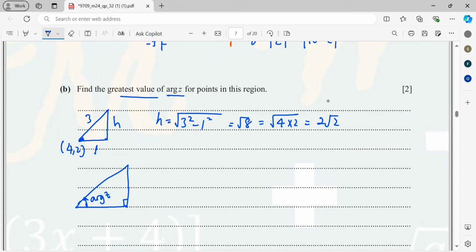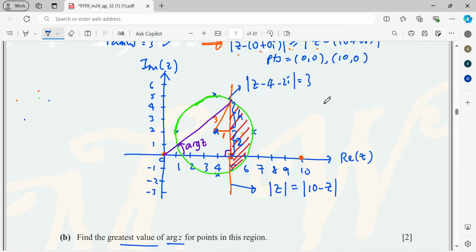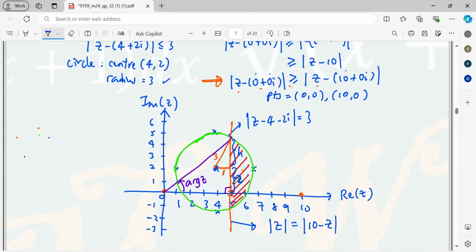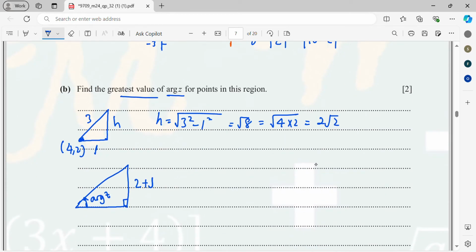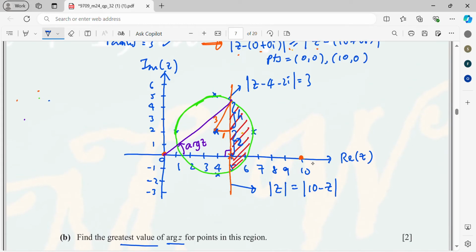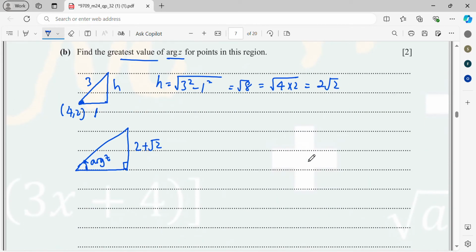Here is 90 degrees. Then the height is h plus 2, because the distance is actually 2 units from the real axis. So that means here is 2 plus 2 root 2. And the horizontal distance is basically 5.